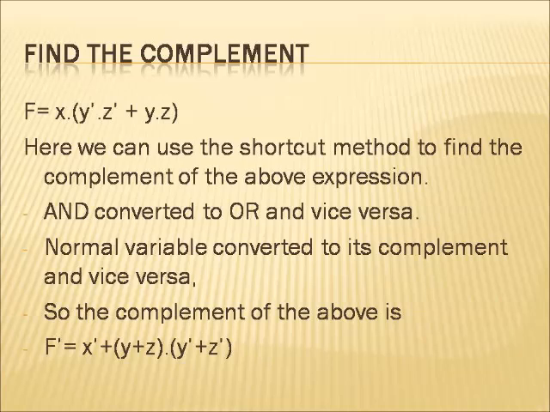The shortcut method means we convert all the AND operators to OR and all the OR operators to AND. Again we are converting normal variables to their complements and complemented variables to their normal form, right? So the given expression is f is equal to x dot y bar dot z bar plus y dot z.